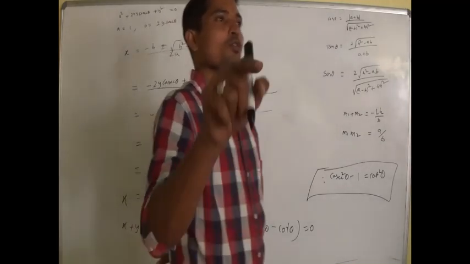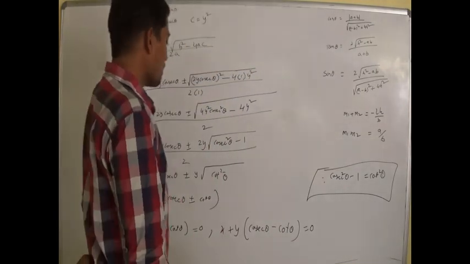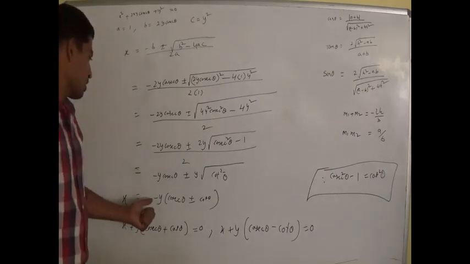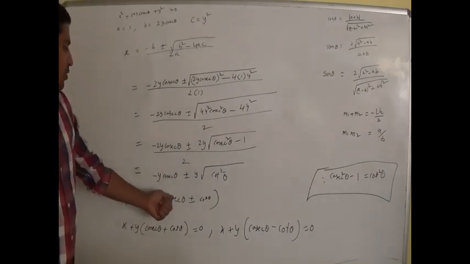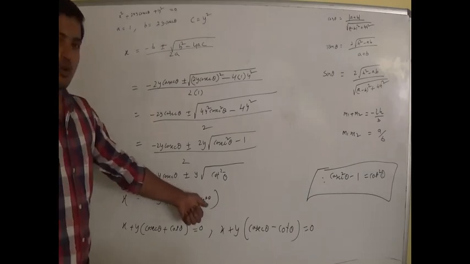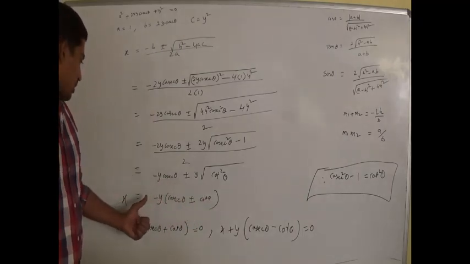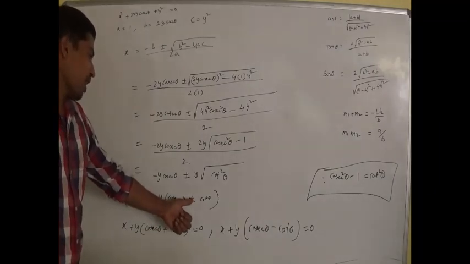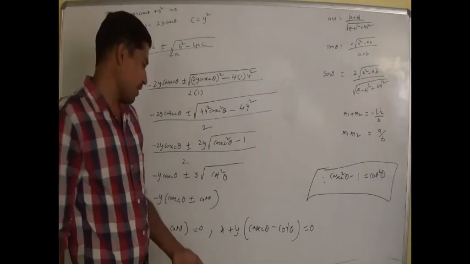These are the two linear equations. See here, x is equal to minus y into cosecant theta plus or minus cot theta. Here plus or minus, one time we have to take plus and one time minus.